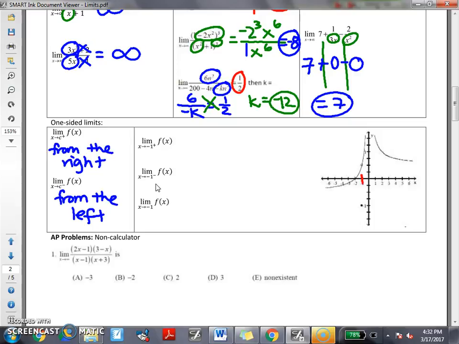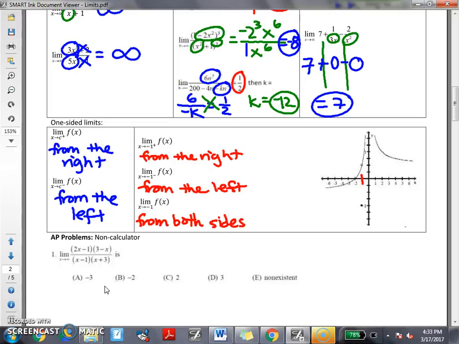So I'm focusing on -1. And this is from the right. Next one is from the left. The last part is from both sides. When you don't see the exponent, it means from both sides.